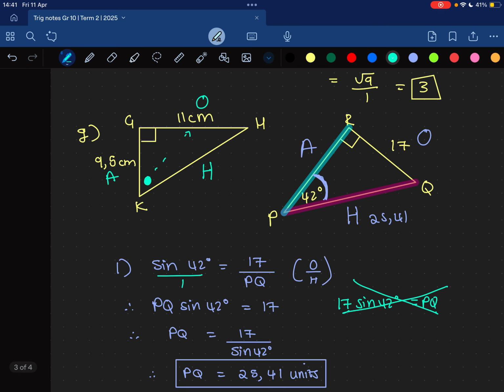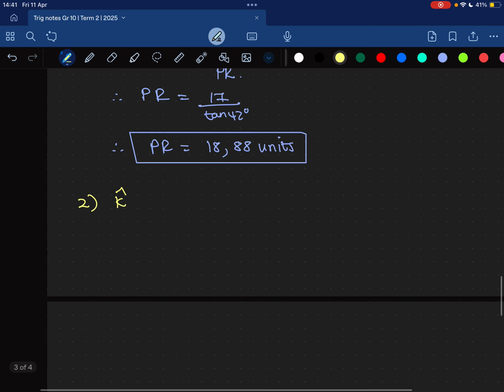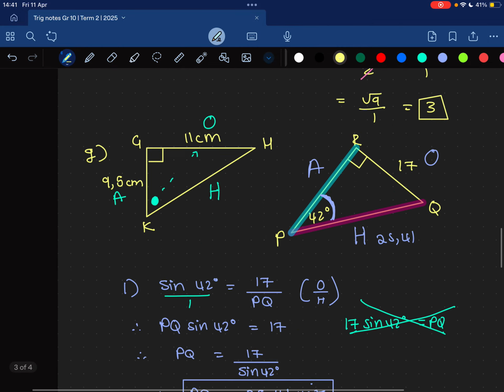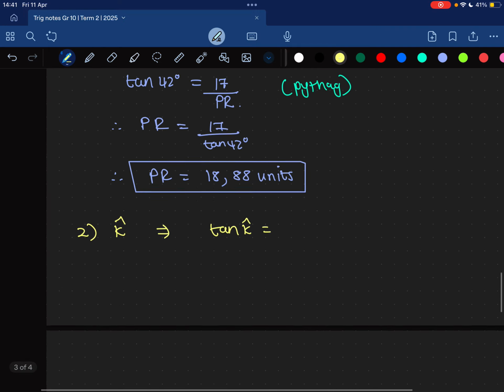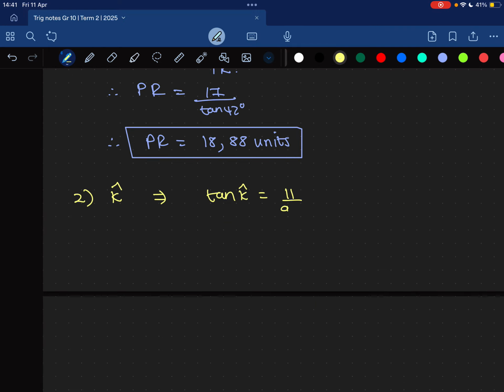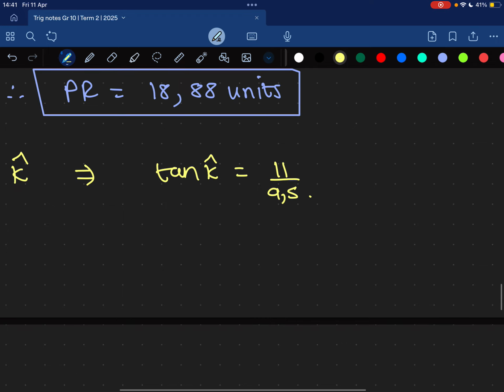So all you need to see is, okay, well, opposite over adjacent will give us tan. So we'll say tan of K is equal to opposite over adjacent, which is 11 divided by 9.5. Now remember, if you want the angle on its own, you're going to arc tan. Be careful. Make sure that you know how to solve for the trig function.